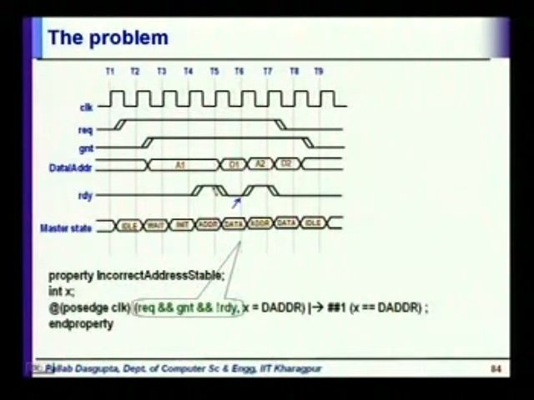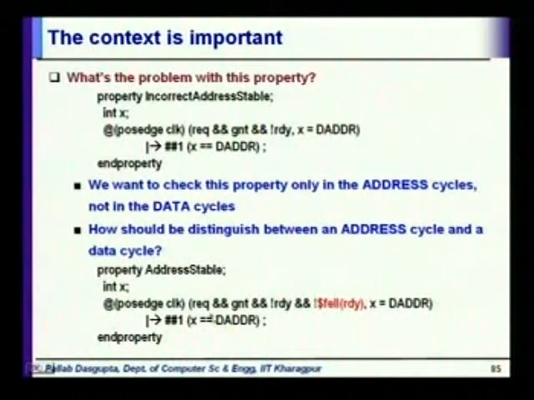Because ready was high in the previous cycle and ready is low here. So $fell(ready) holds here. Now if $fell(ready) holds here, then we argue this is a data cycle, this is not the address cycle. So our property is revised to say request and grant and not ready and not $fell(ready). Then if x is the address, that address must be there in the next cycle also. Now see how complicated things are becoming, and this is a simple protocol. The whole problem is that we do not have state.